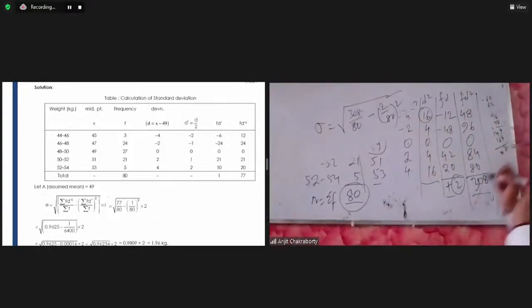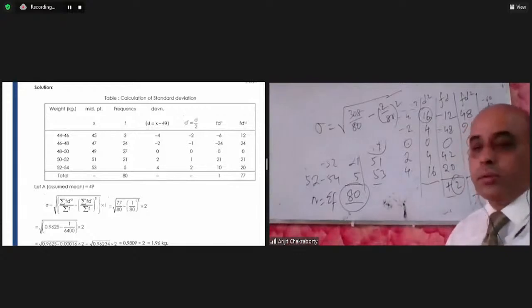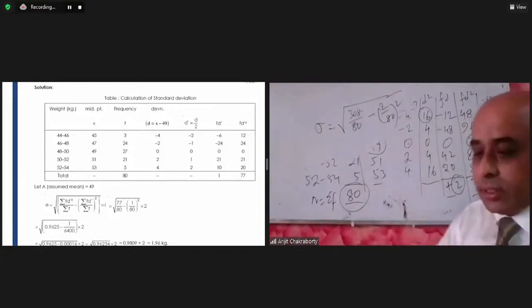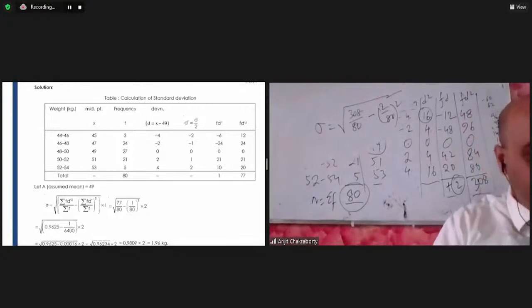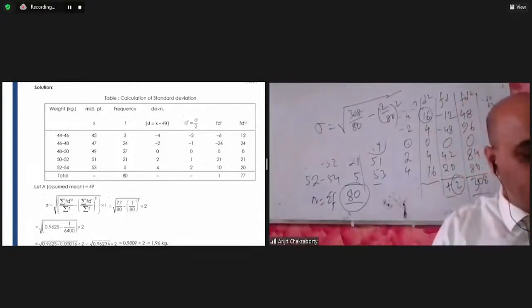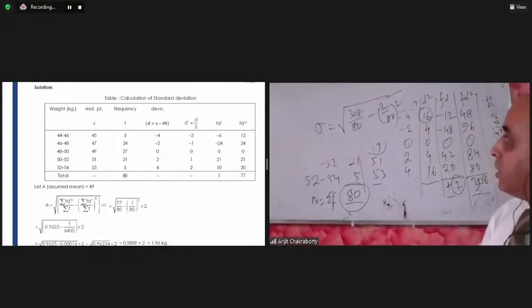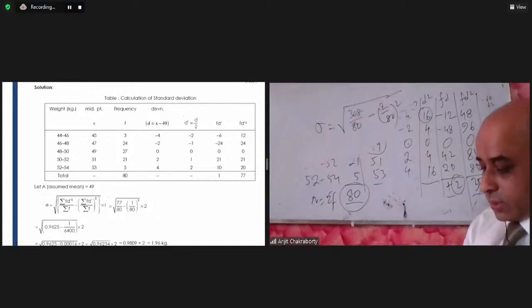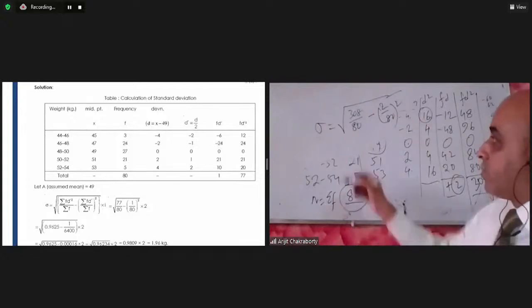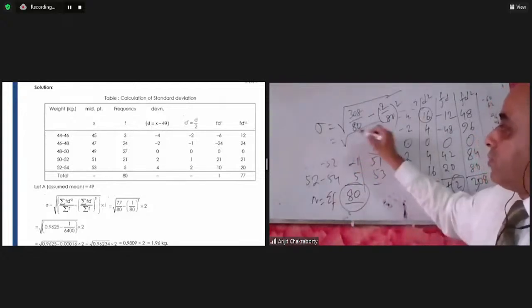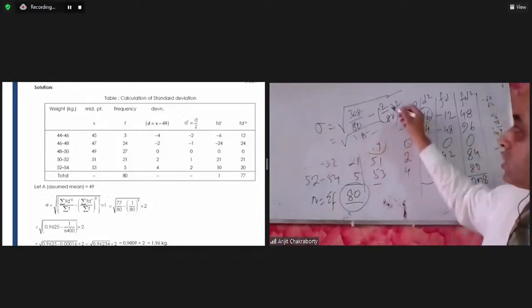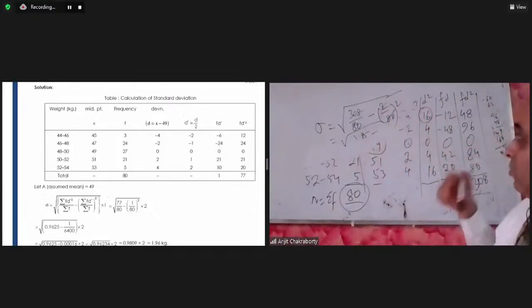Ankit has written 308. 308 divided by 80, we are getting 3.85. So we are getting 3.85 minus 1 by 40 square.